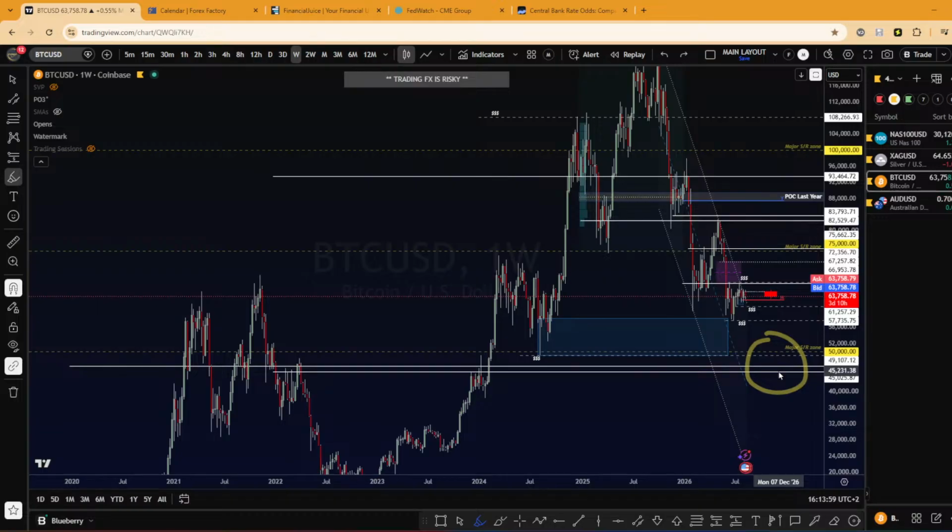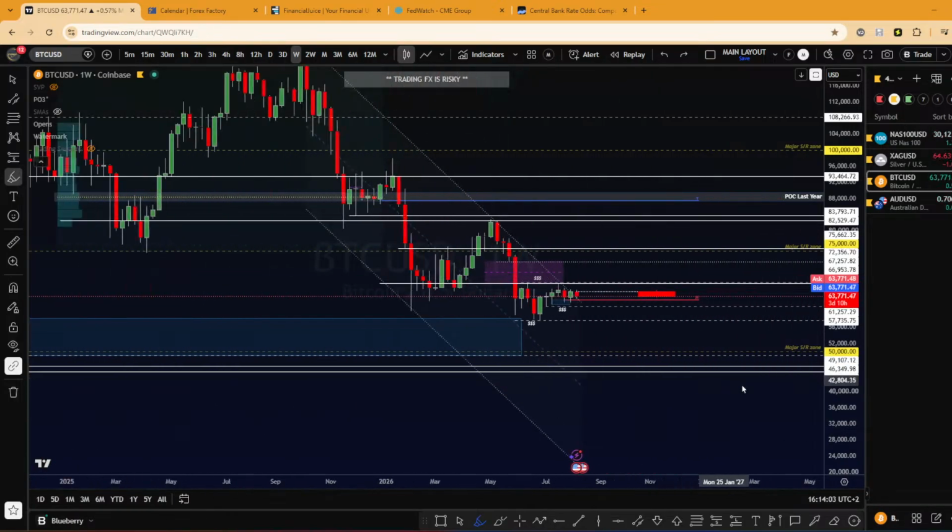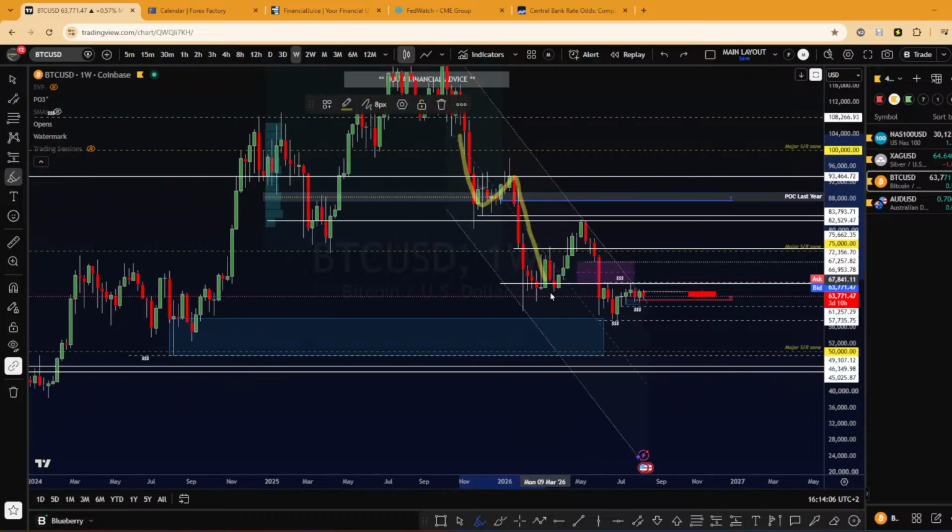A lot of people or institutions will accumulate here. But right now I think that we could potentially see an accumulation drop, another accumulation drive higher to find some premium zone, and then we will fall again.